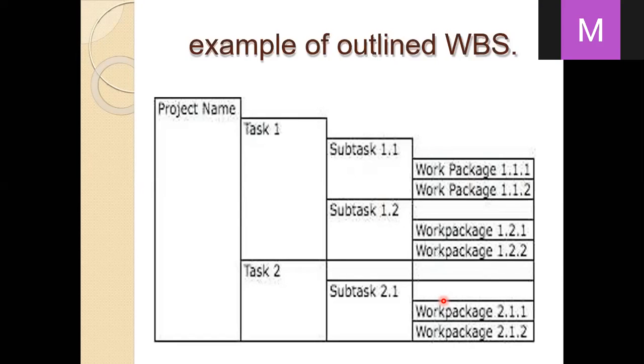The steel structure is not ready for 3, 4 days. Is it right? So that time we should allow in the proper way. So this is a very important thing in this work breakdown structure.